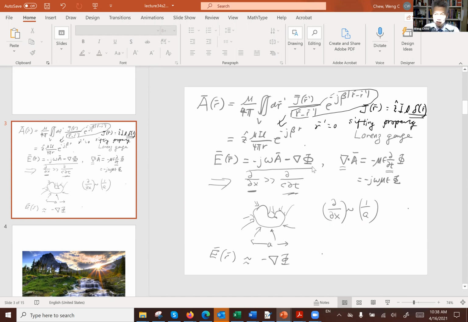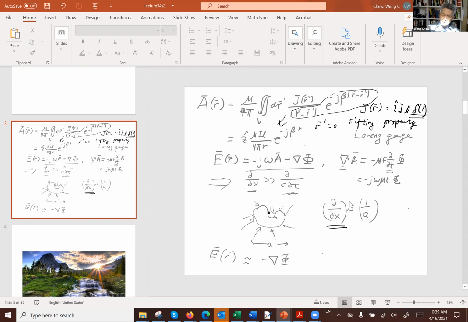And if you are in the vicinity of the particle, only this term is important because, as we said before, if the particle is of a certain shape, the electromagnetic field has to contort itself so as to satisfy the boundary condition, and the partial x, or the variation of the field with respect to space, has to vary on the order of the size of the particle, and hence this partial x has to have 1 over a dependence.